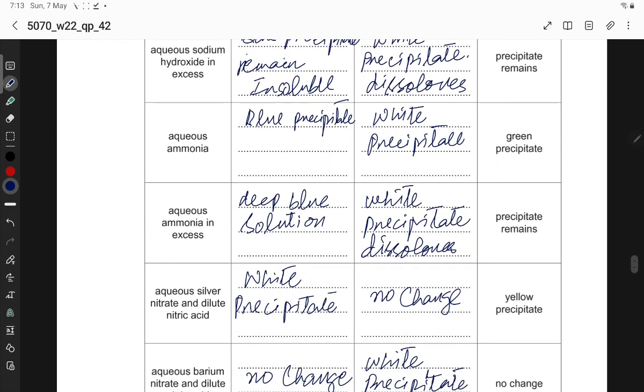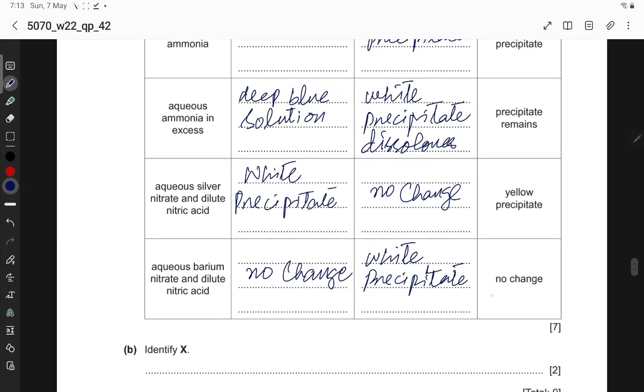X has neither nitrate ion, sulfate ion, nor chloride ion.